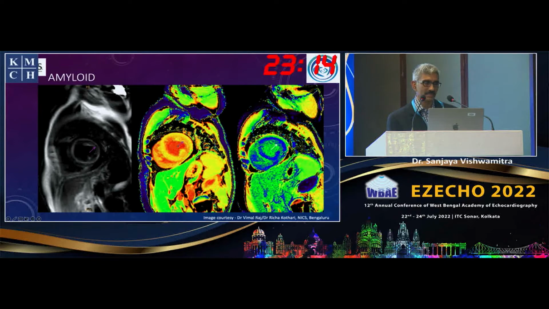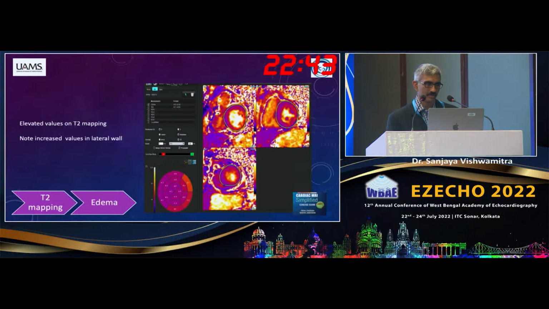So for example, in this patient who has amyloid, you can see that there is an area of subendocardial involvement, particularly along the lateral wall and inferior wall, where if you take the blue as normal, you can see the increased area of T1 change here, which is very typical for amyloid. So when you have elongated T1 values, then you are very confident of diagnosing amyloid and can even make the difference between AL and the ATTR type of amyloidosis.